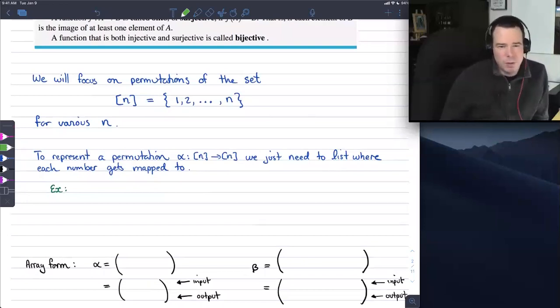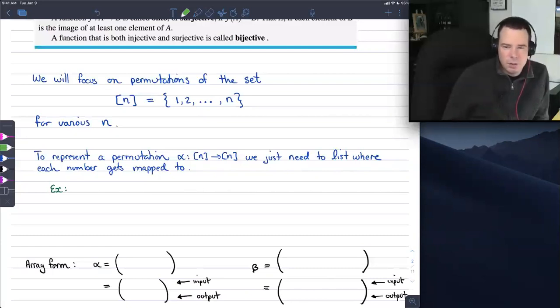If you're coming from courses like calculus or linear algebra, maybe there's an input variable and a formula that's giving you the output variable, like f of x equals x squared. So x is the input and x squared is the output. There's always a formula associated with it. That's not going to be the case for us.